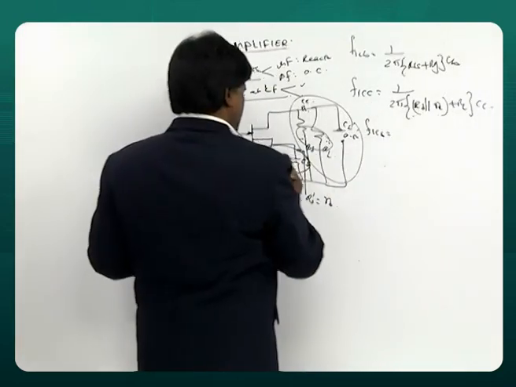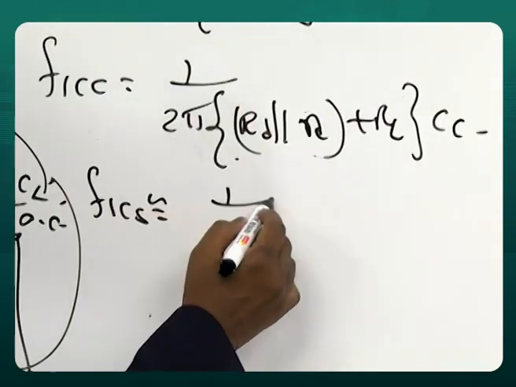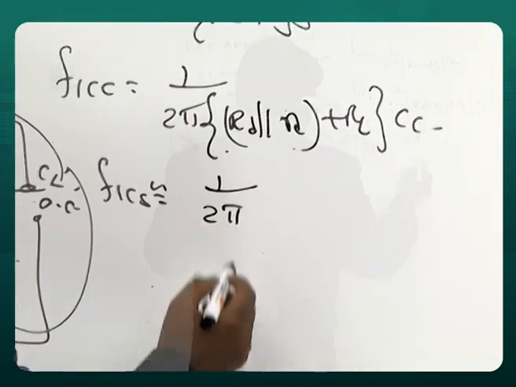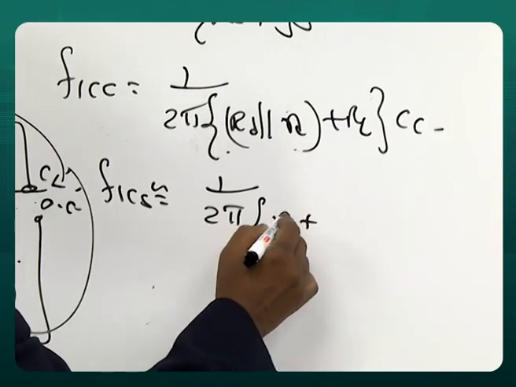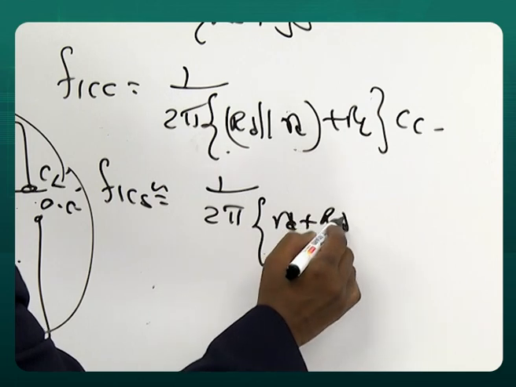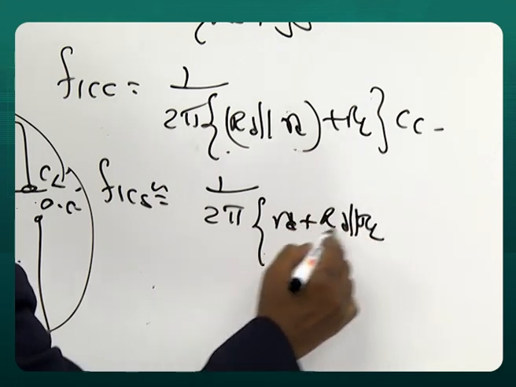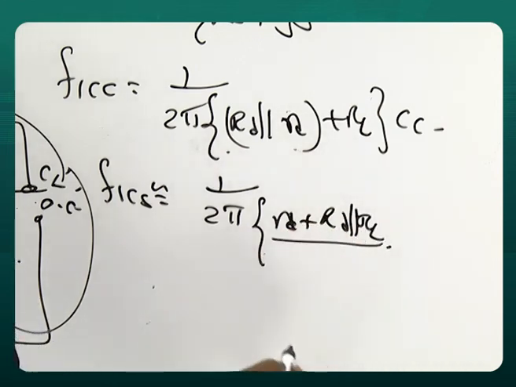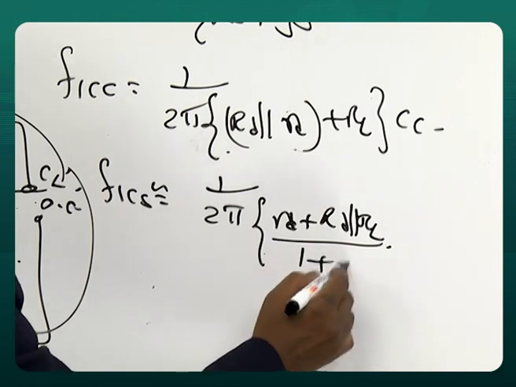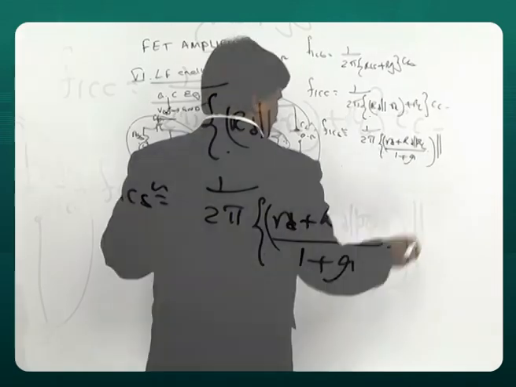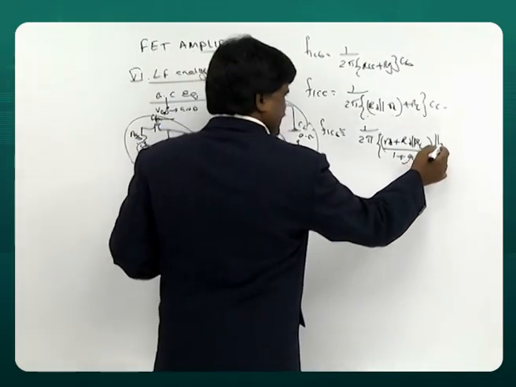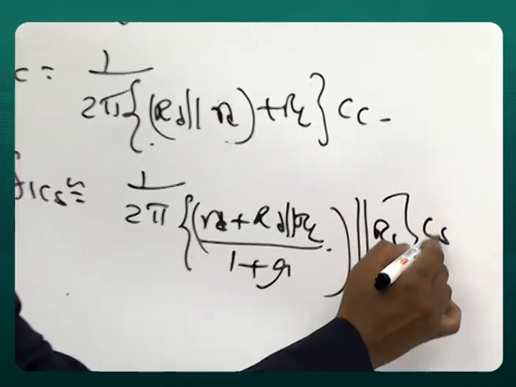F1 due to CS, that is approximately 1 by 2 pi, small rd plus capital RD parallel RL by 1 plus mu, parallel RS, into CS.